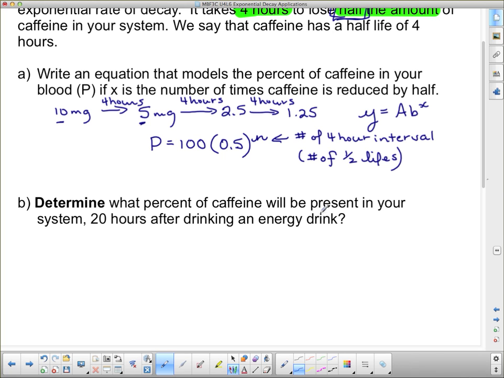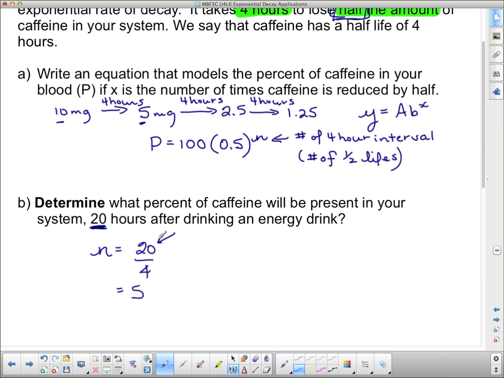Okay, determine what percent of caffeine will be present in your system 20 hours after drinking the energy drink. So 20 hours later, how many half-lives have we gone through? Well, the easy thing here is we take N, we take our time period, and divide it by the half-life. Now the half-life is 4, so we could take 20 divided by 4, and we get 5.